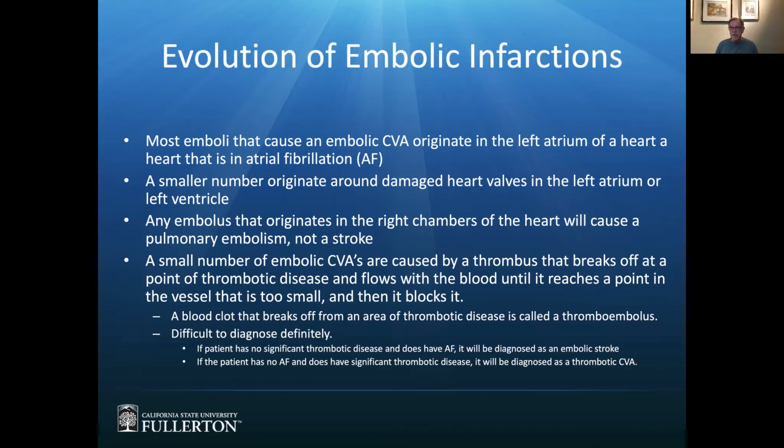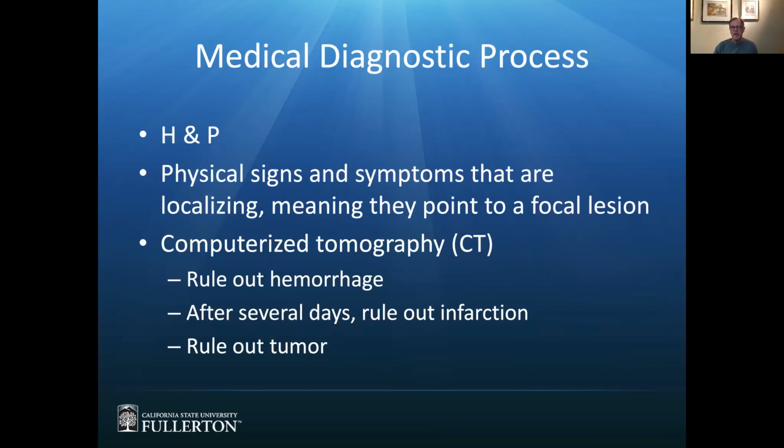On the other hand, if the disease in their neck is not bad enough to probably cause a stroke, and they do have atrial fibrillation, they're going to diagnose it as an embolic stroke. So that's the way the diagnostics work, and we'll look at that in a moment.